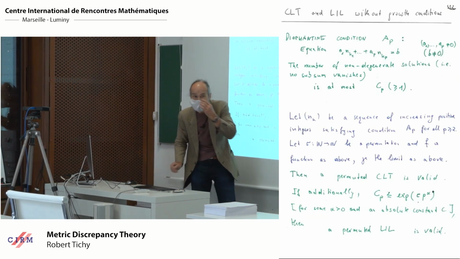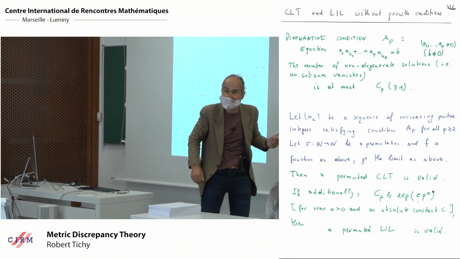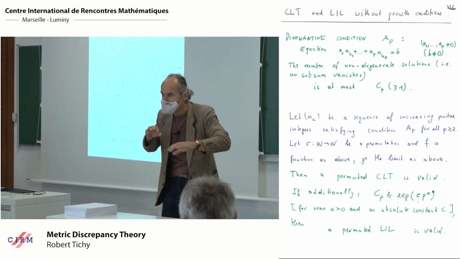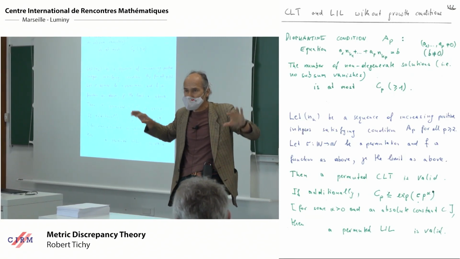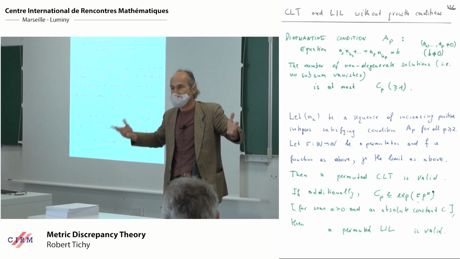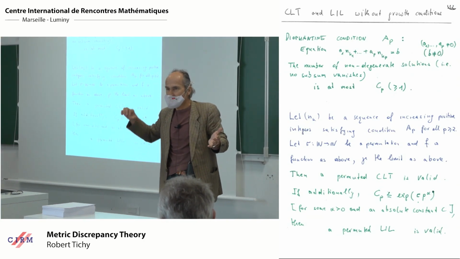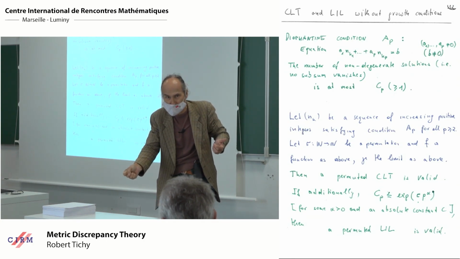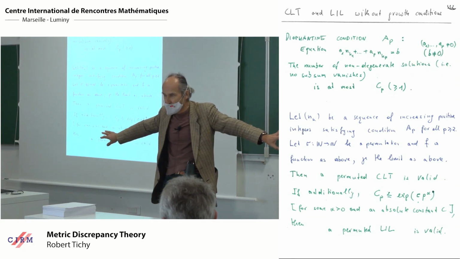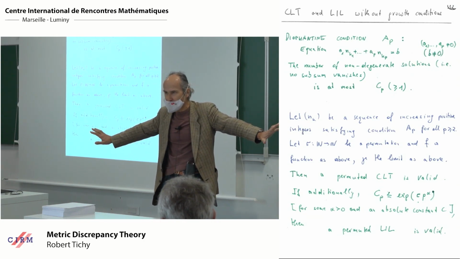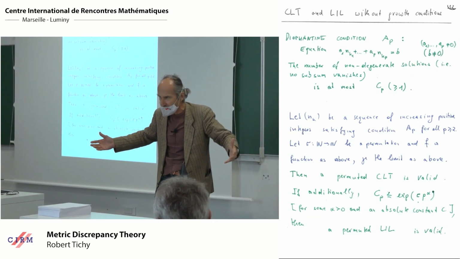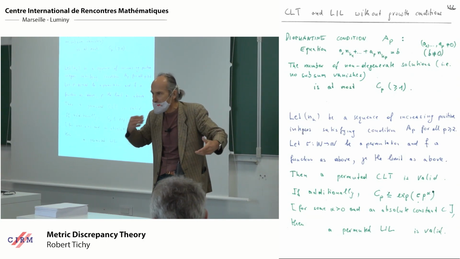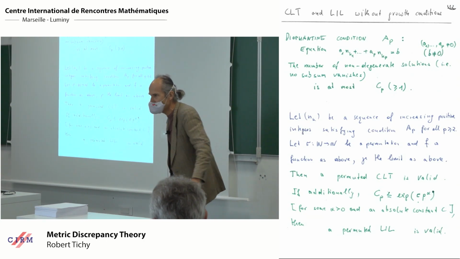Now, the next step. We want to understand if it is possible to get rid of all growth conditions. The answer is yes, that's possible, but then you have to strengthen the Diophantine conditions. If you have no information on the growth, no analytic information, you can compensate for that by assuming more arithmetic information.